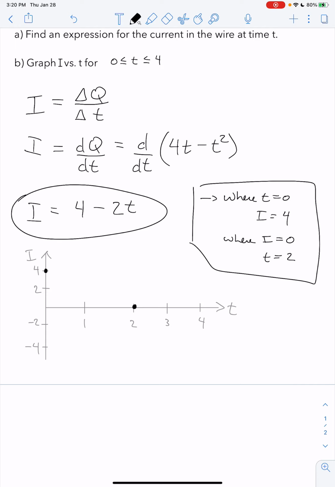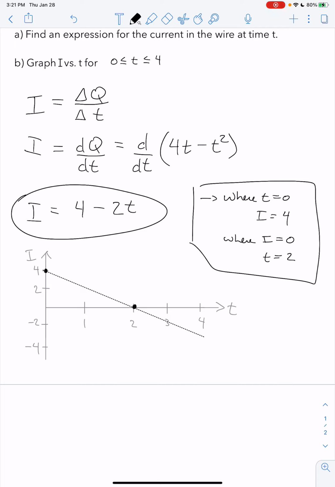It's going to be a linear line. So it only asks us, I think, between 0 and 4. So we'll try to limit it between 0 and 4. And there we go. So that's between 0 and 4, what we have for the current.